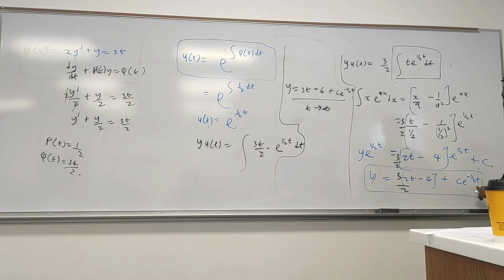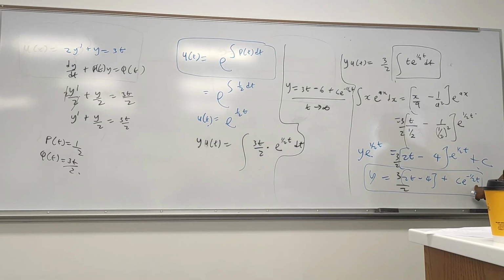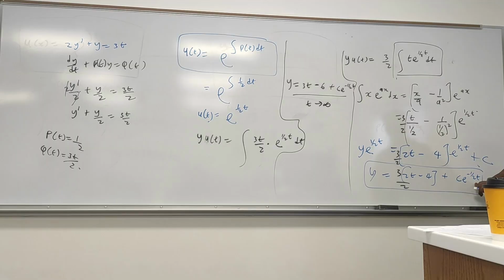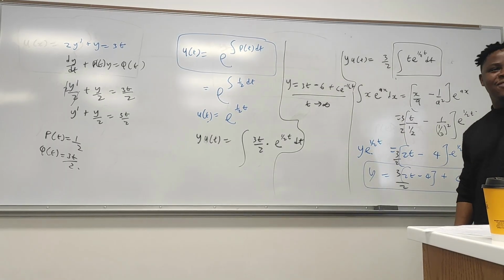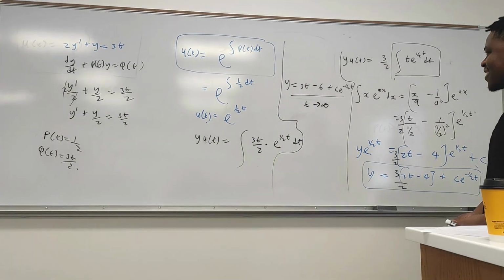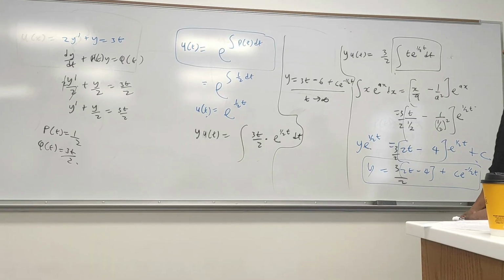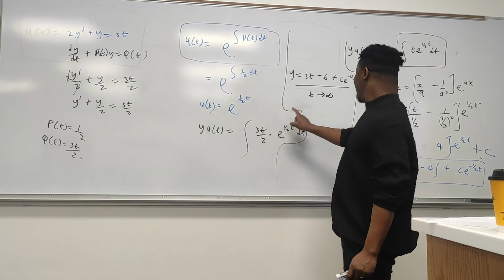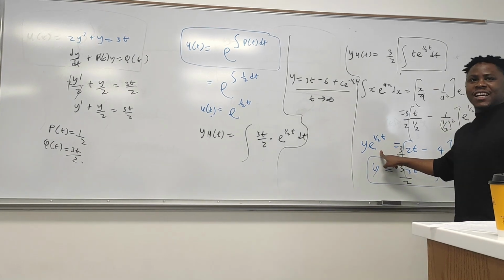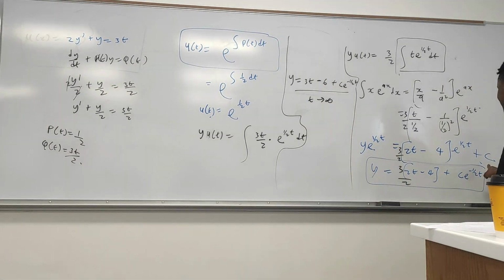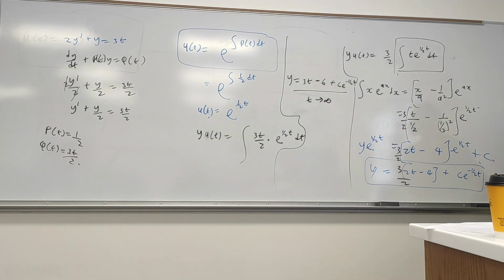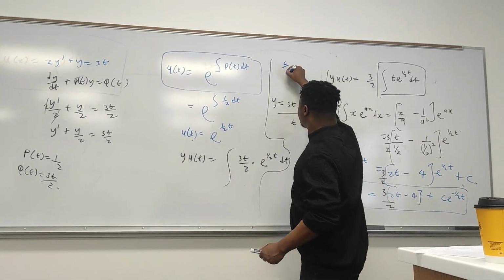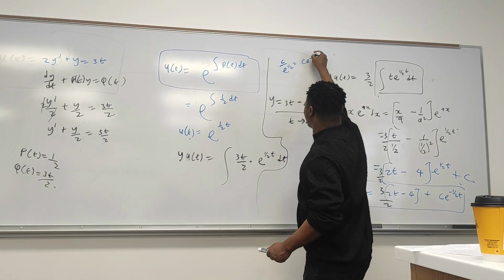In the c term, is there a negative sign in front? Yes, it should be negative. Why is it negative? You have y times exponential negative half, so if you divide c by that, it goes up. c over exponential half is c exponential negative half.